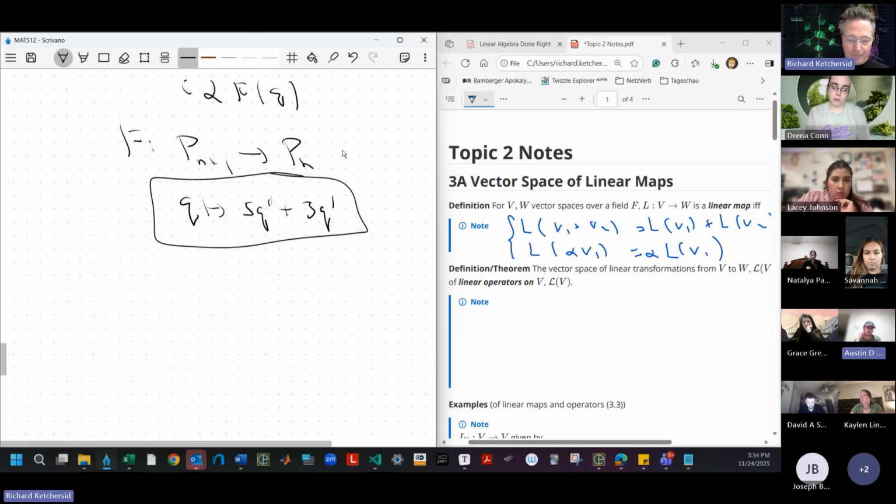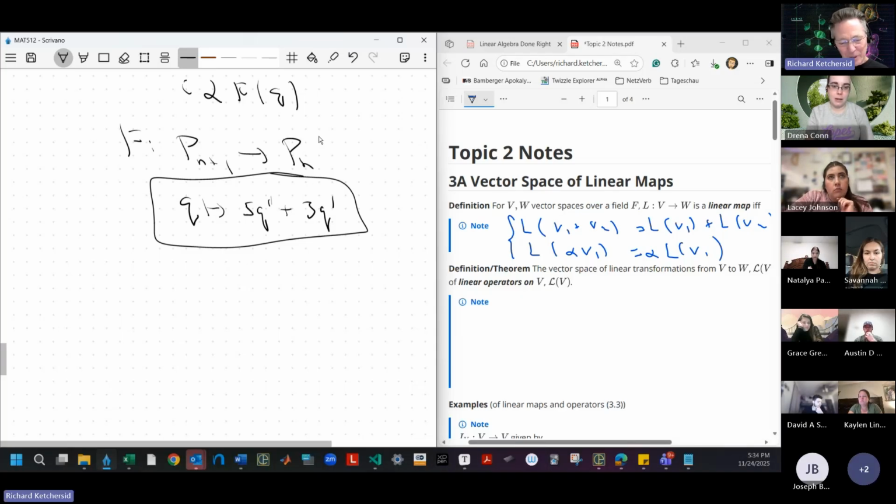Isn't it if it spans the second space? So the image would have to span. That's true. But now I'm thinking there's a certain theorem in your book that should have stuck out as being exceptionally important. Anytime you see a theorem with the word fundamental in it, you should think, oh, that's really important.